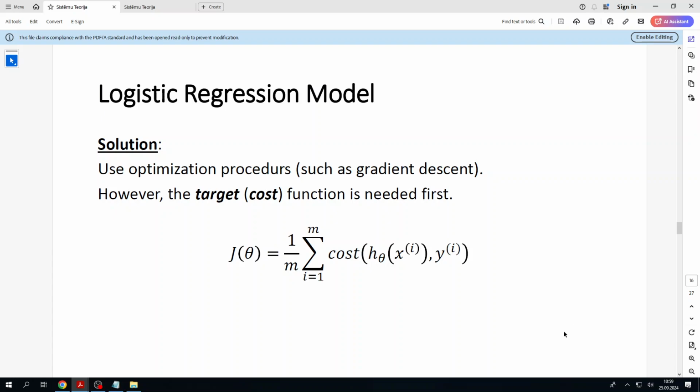So again, the feedback the algorithm gets to understand how good or bad its prediction is, is this cost function. So the cost function is the algorithm's sense of how well it is doing. That is very important in all kinds of problems, to specify this cost function correctly.